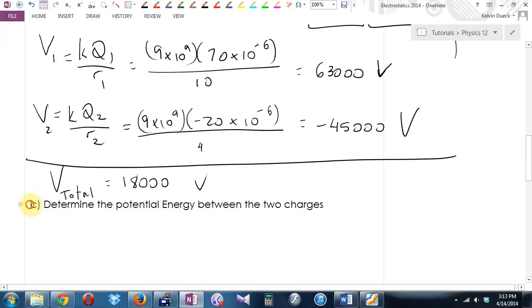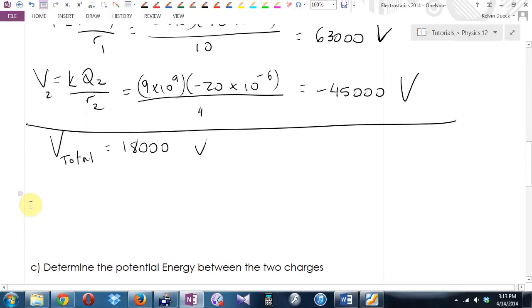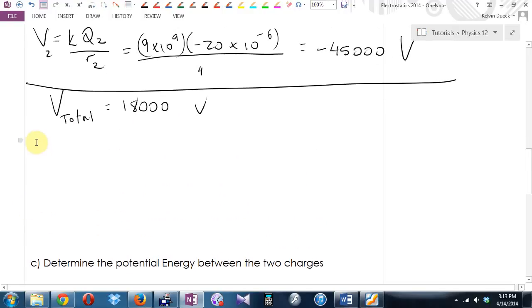Okay. What else could I do? I'm going to actually add another part C. Part C. Find how much work to bring 4.5 microcoulomb.